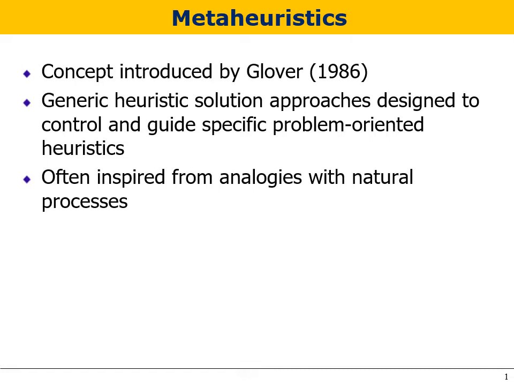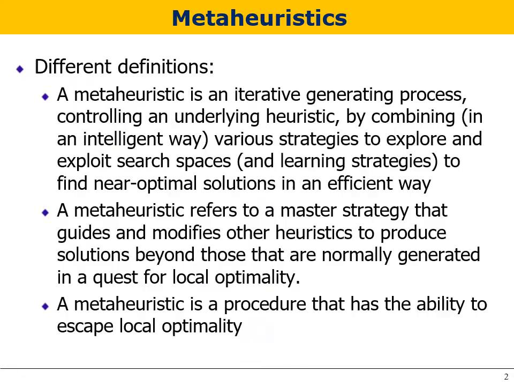They try to avoid these local optimum solutions in order to find the global optimum solution. These metaheuristic algorithms are often inspired by analogies from natural processes. We will see, for example, genetic algorithms, ant colony algorithms, and simulated annealing algorithms. These are all inspired by natural processes.